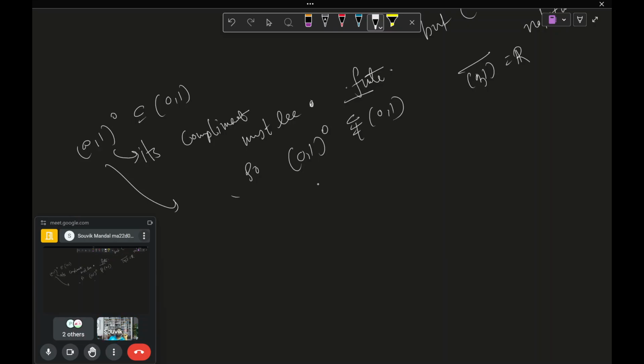Its complement is not finite actually? No, look, we are in the cofinite topology. In the cofinite topology, any set is open if and only if its complement is finite. The interior is open by definition, so its complement has to be finite because we are in the cofinite topology. Understand? So first of all, since the complement has to be finite, this thing has to be a proper subset of (0,1), correct?